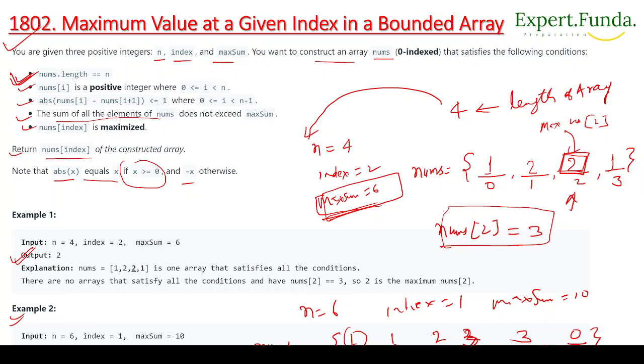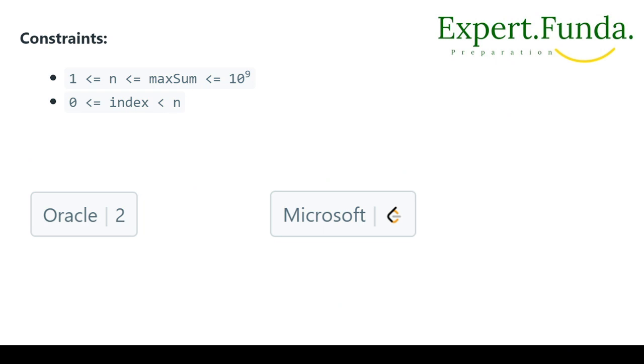So it is coming 3. Okay, so you have to take initially 3 value, and then we have to construct like this. At that time you will get 3. Just for understanding, leave it. So take time and do the solution of example 2. Okay, so this question has been asked in Oracle and Microsoft.